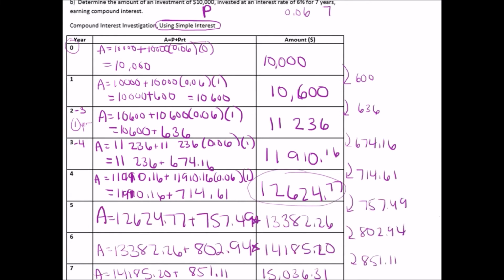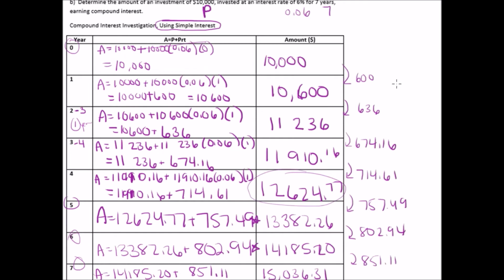All I've done here while we're on pause is I filled in the 5, the 6, and the 7. So year 5 starts off with 12,624.77, and then this is the interest that we make, and then this is it being added together. The 6th year starts off at 13,382.26, and then plus the interest it made, and then 14,185.20 plus the interest it's made.